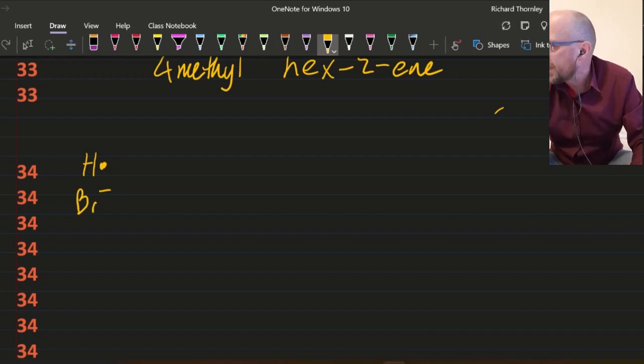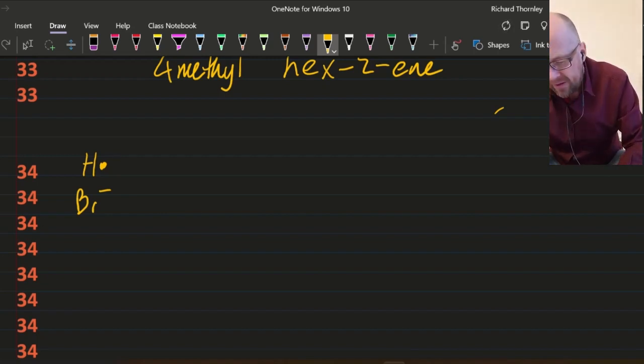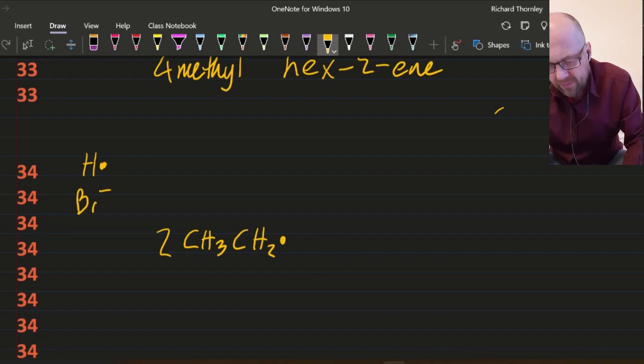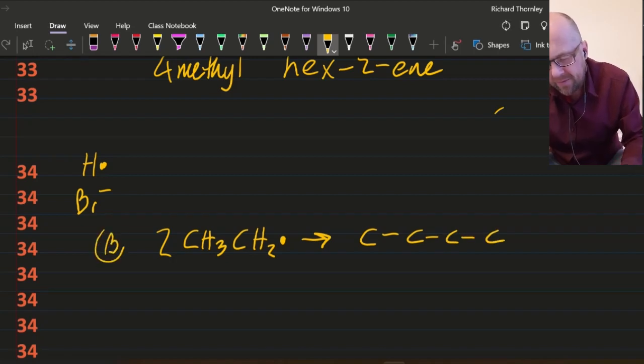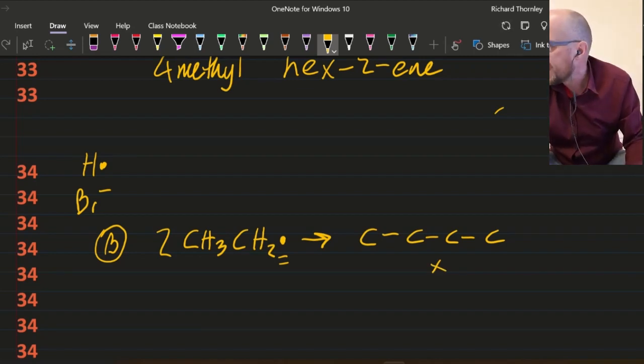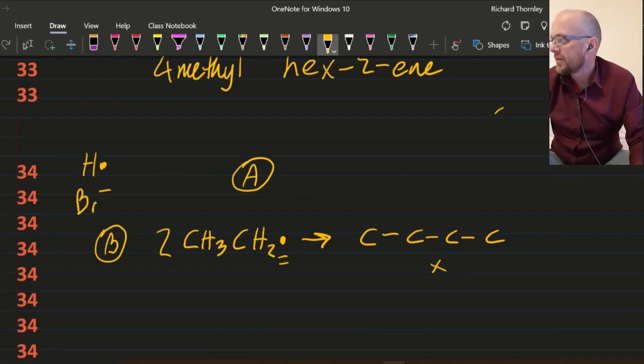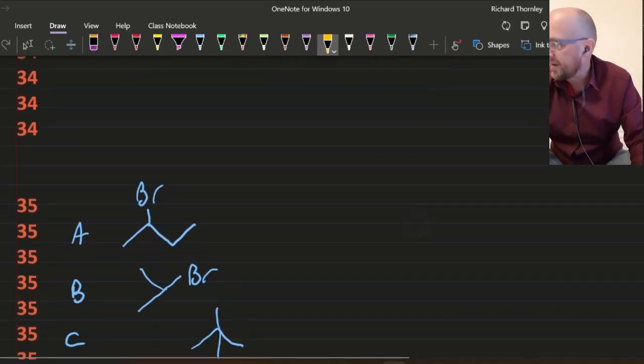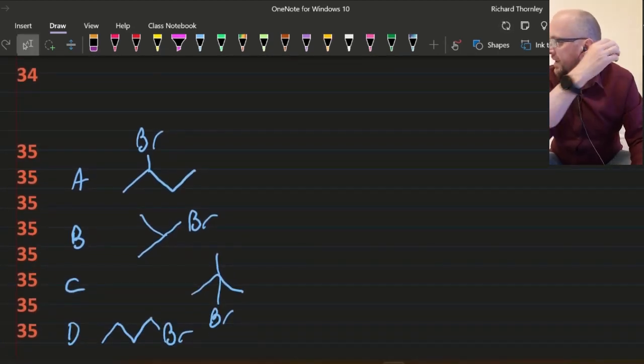And so that just leaves me with A or B. Well, I happen to know that B is formed from 2 of those. That makes a B. And so that's actually a termination step. 2 radicals make no radicals here. So the answer must be A. Is it? Yeah, 34A.